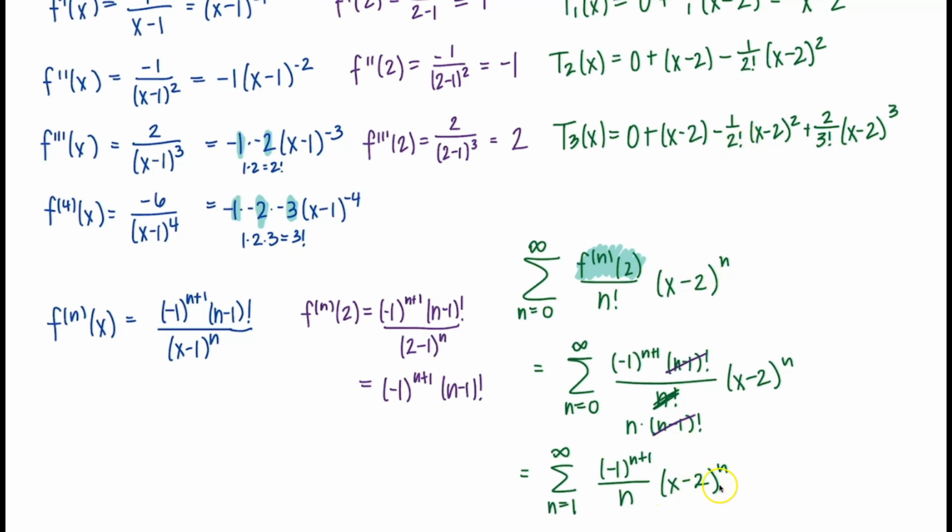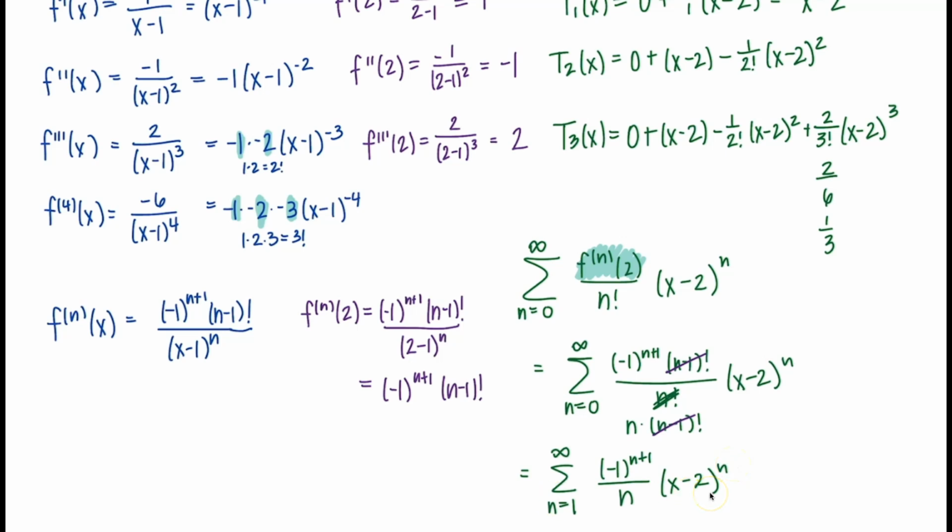And then x minus 2 squared. And then if I plug in 3, I'm going to have -1 to the 3 plus 1, so -1 to the fourth, that's a positive, over just 3. Now here, we didn't actually reduce it down, but we can check to make sure that we actually do get 1 over 3, and we do because this is 2 over 6, which reduces to 1 over 3. So that's the proper coefficient, and then x minus 2 to the third.